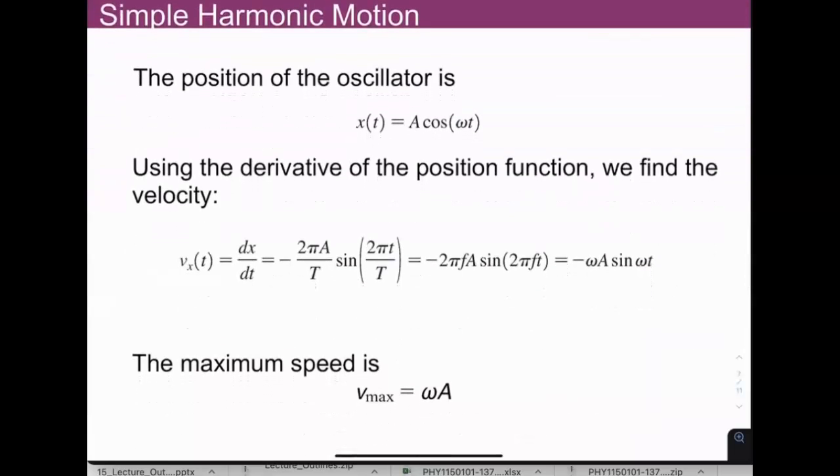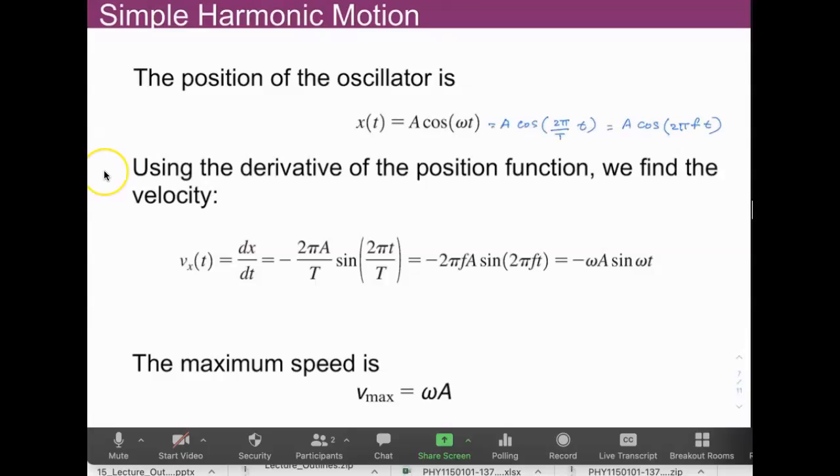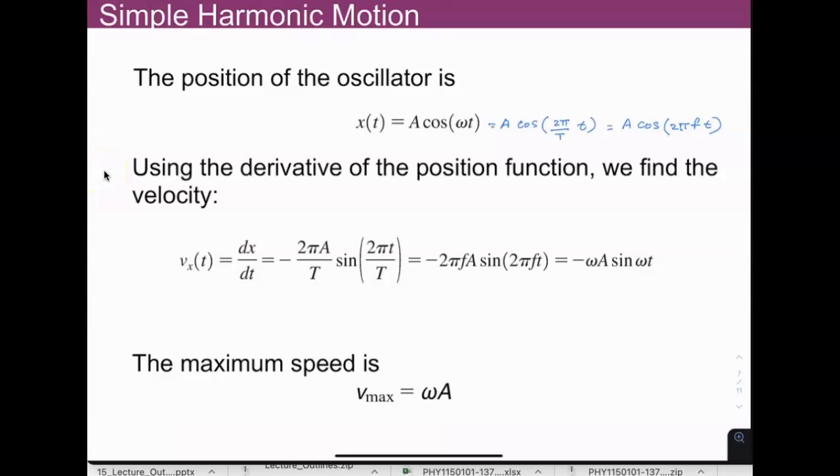In simple harmonic motion, the position of the oscillator is given by the equation the amplitude times the cosine of omega t, which we can rewrite as A times the cosine of 2 pi over the period times t. And we can also write it as A times cosine of 2 pi times the frequency times t.